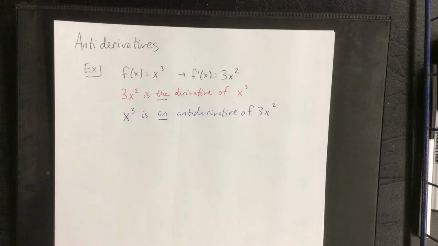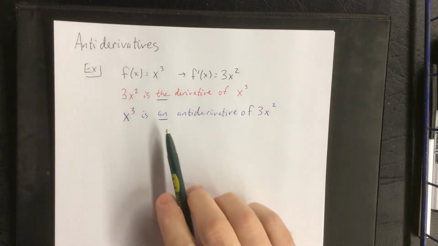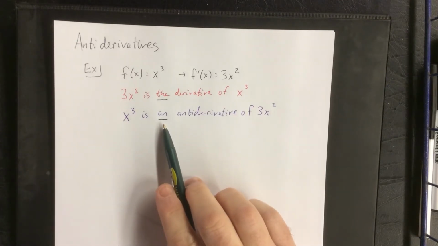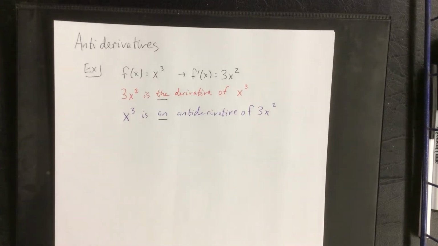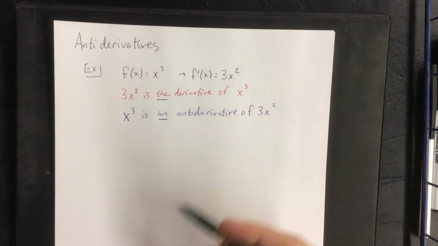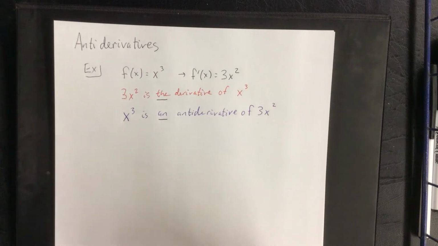For example, if I say I need to go feed the cat upstairs, it implies that there is one cat upstairs. Whereas when I say an antiderivative, that's an indefinite article and lets us know that there could potentially be more than one. I have an angry cat upstairs. Angry because she is not full of food. It implies that there could potentially be more than one of them.